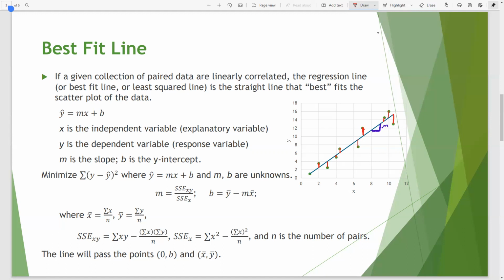But when we square it, everything will be positive. We add them together and minimize this sum to get m and b. That's one way we can find m and b as unknowns, as an expression of x and y.